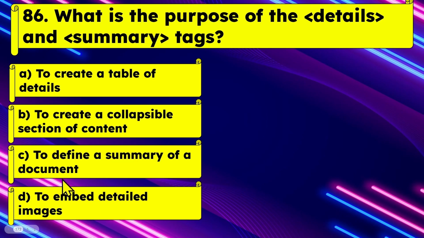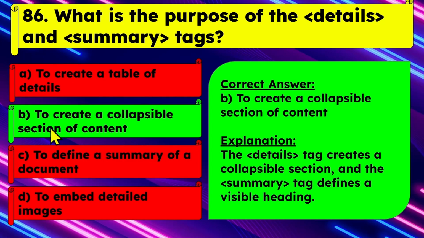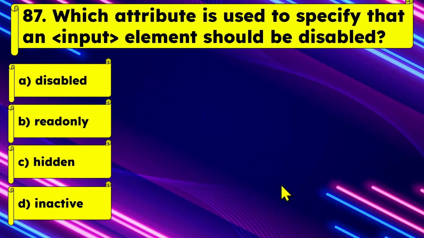So here the correct answer is option B, to create a collapsible section of content. As you can see in the explanation, the details tag creates a collapsible section and the summary tag defines a visible heading.